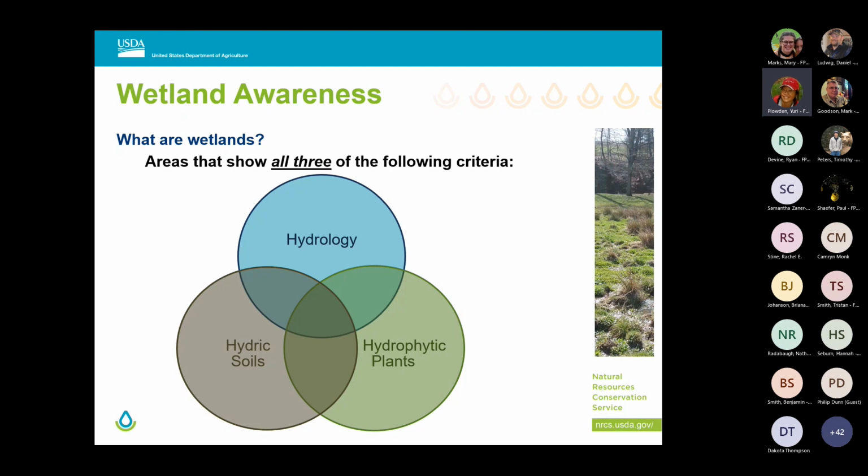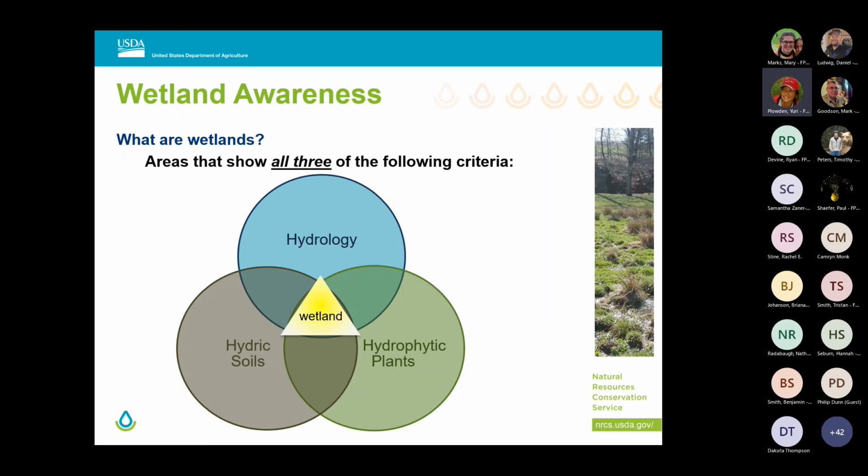Then you need to have hydric soils, and those are soils that formed under conditions of saturation long enough to develop anaerobic conditions. That's like a regulatory definition of hydric soils. And then hydrophytic plants are plants that grow in hydric soils in conditions of saturation. If you have all 3 where they intersect, you have a wetland.